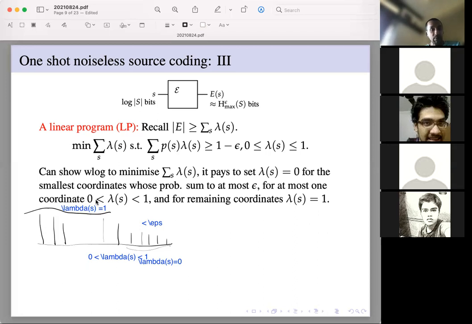So I'm looking at the sum of the probabilities of the leftmost guys where lambda s is exactly equal to 1, plus the probability of this borderline singleton guy.